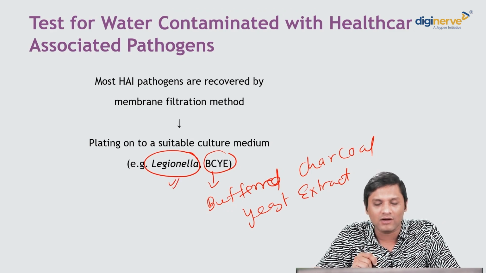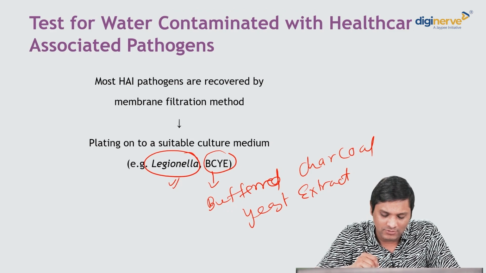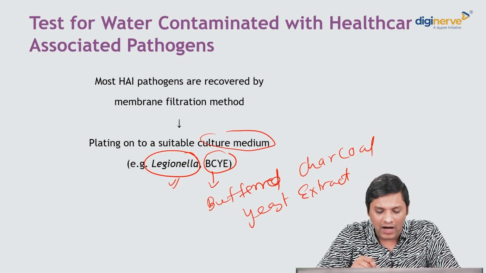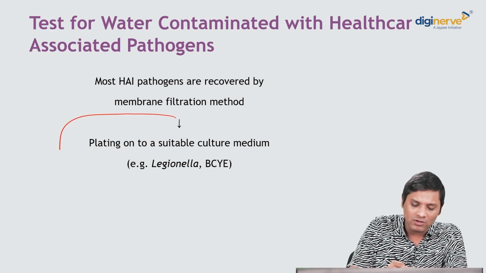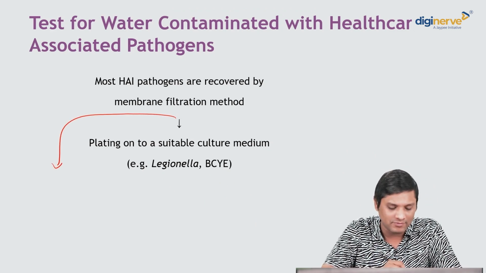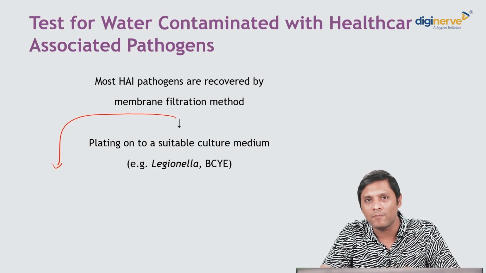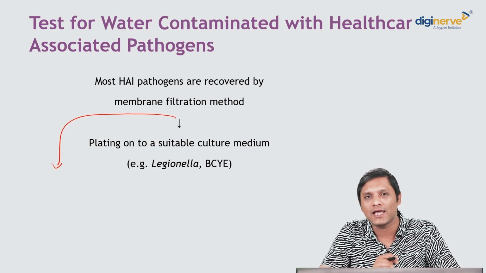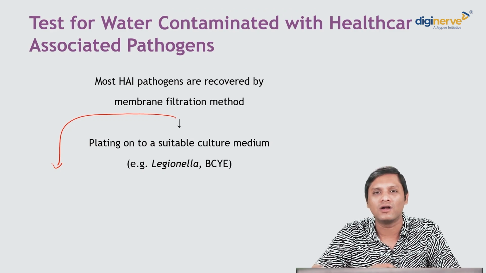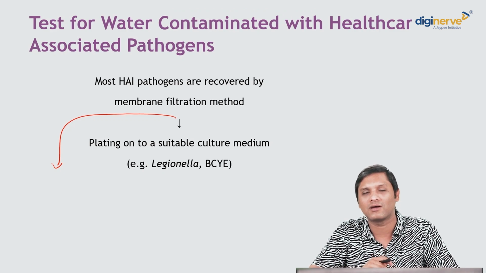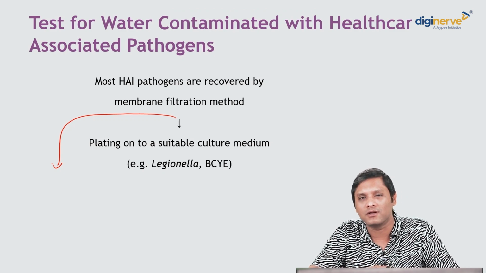So similarly, whatever organism you are suspecting, the respective suitable culture medium is used after the membrane filtration is over. Otherwise, you can also use the lauryl sulfate medium that we have discussed for drinking water supply. The same lauryl sulfate medium you can also use for detection of various multi-drug resistant bugs in the hospital water supply.